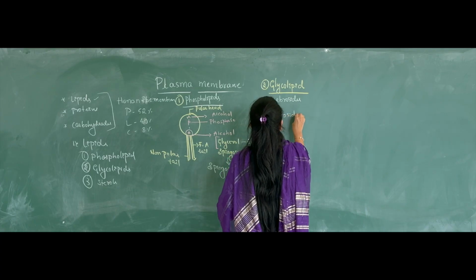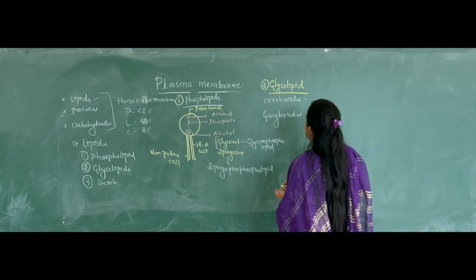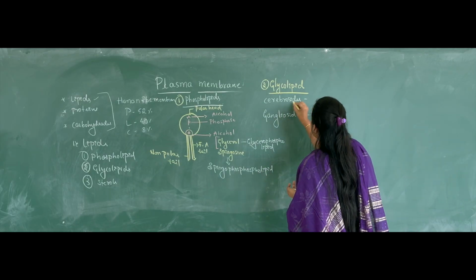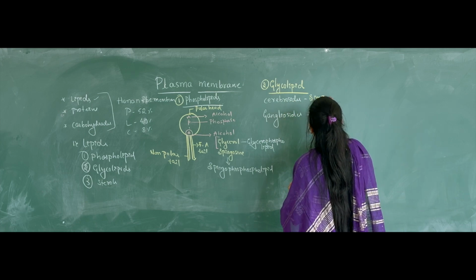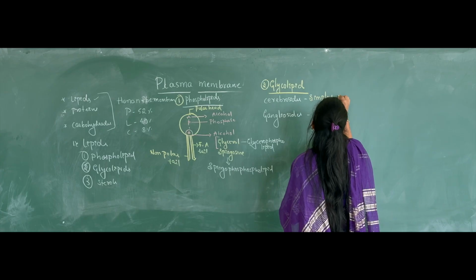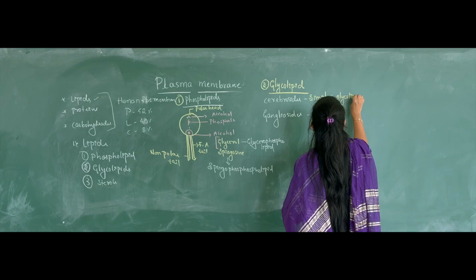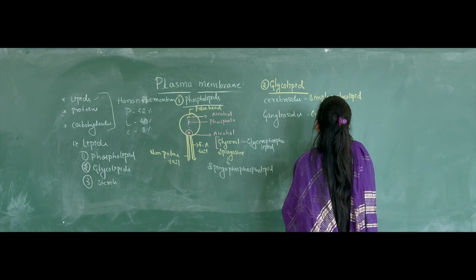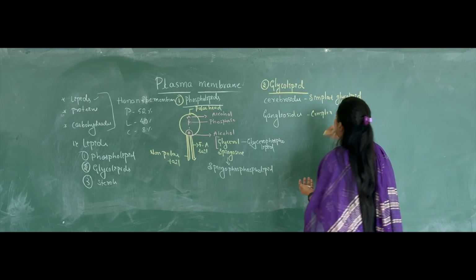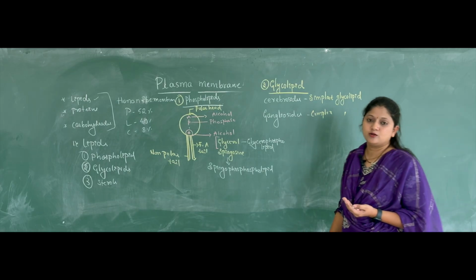So remember these 2 glycolipids, okay, cerebroside and the gangliosides. So this is the simplest glycolipid. Ganglioside is the complex glycolipid. Okay, cerebroside and the gangliosides.